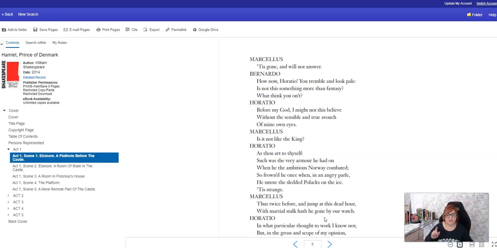And then he goes, "Such was the very armor he had on when he the ambitious Norway combated. So frowned he once when, in an angry parle, he smote the sledded Polacks on the ice. 'Tis strange." So when we hear Norway, we're going to see Norway. It's kind of like a subplot of the story. But what Horatio is referring to is a battle that the king fought in the past, where he fought Norway.